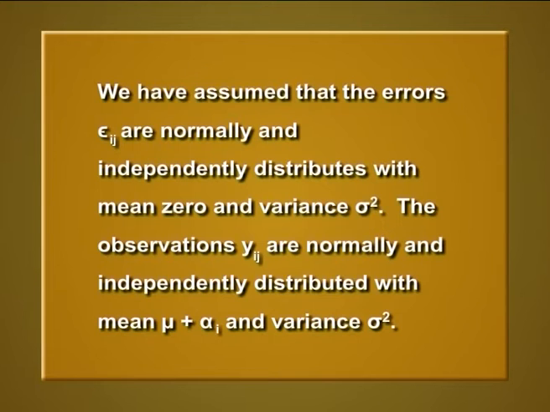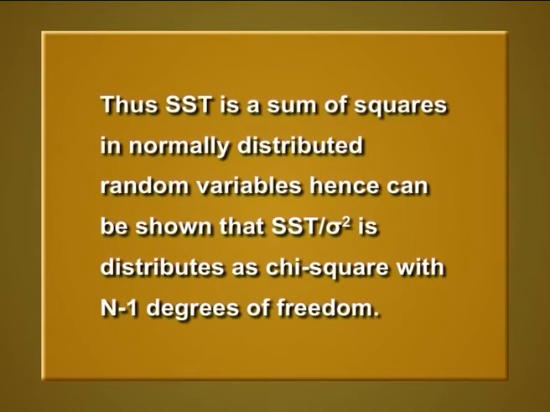Hence, the observations y_ij are normally and independently distributed with mean mu plus alpha_i and variance sigma square. Thus, SST is a sum of squares in normally distributed random variables, and it can be shown that SST by sigma square is distributed as chi square with n minus 1 degrees of freedom.